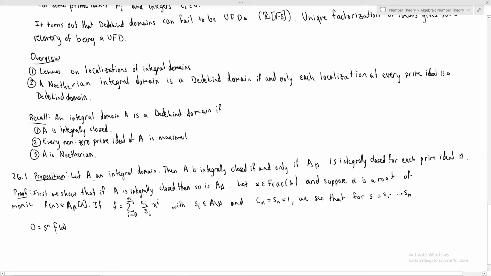Since f of alpha is 0, this is just 0 too. And this is the sum from i equals 0 to n of ci over si times s to the n minus i times s alpha to the i. Okay. So what do we see?